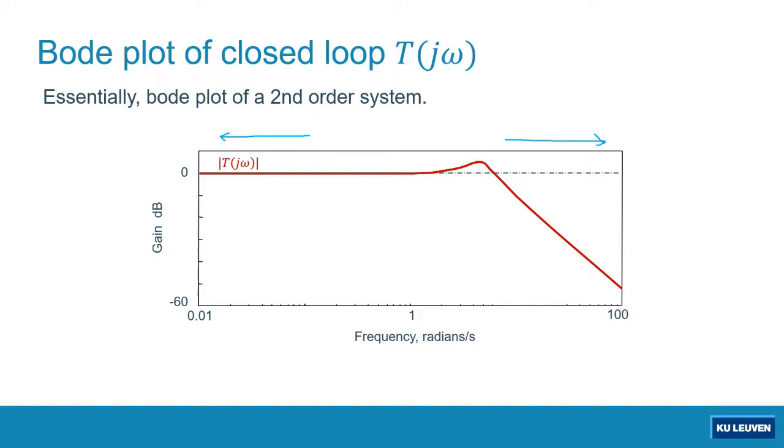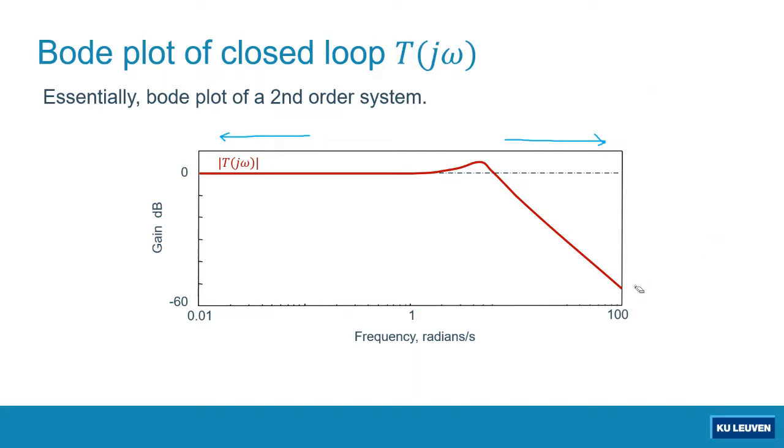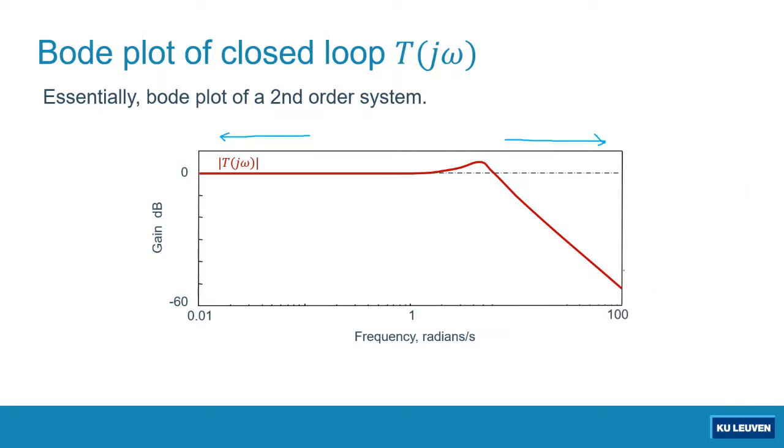That's how we typically sketch an underdamped second order system. At high frequency, this slope typically is equal to negative 40 dB per decade, right?